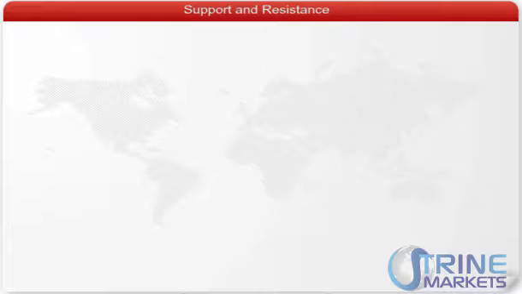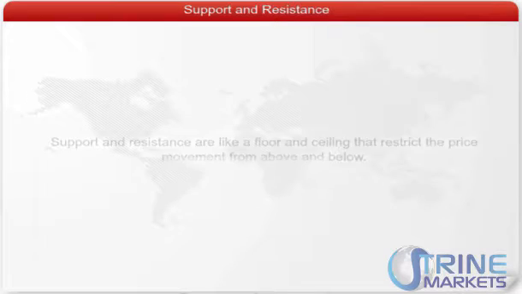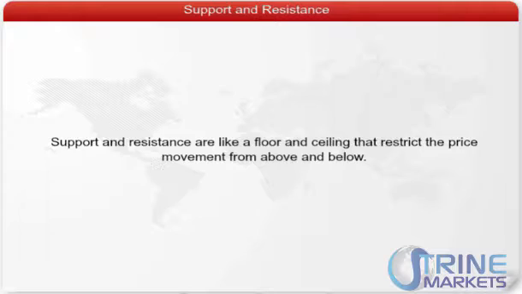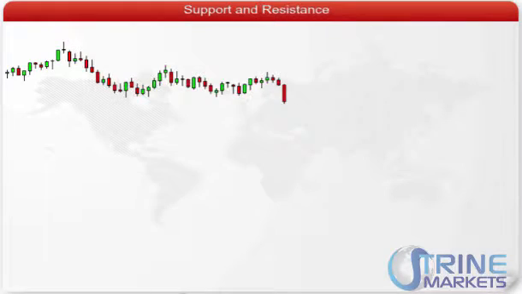The foundation of technical analysis rests on identifying support and resistance levels. Support and resistance are like a floor and a ceiling that restrict the price movement from above and below. A support level is a price level at which the asset tends to stop moving downwards and then reverses direction and starts moving back up.